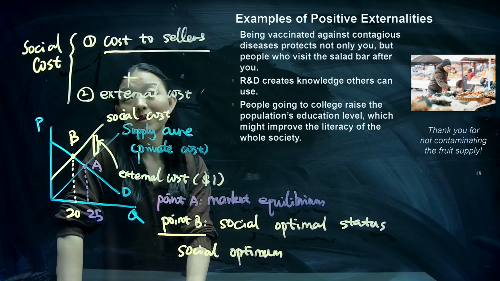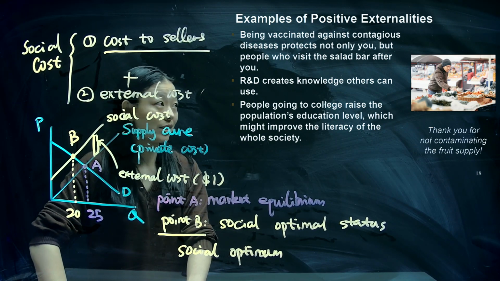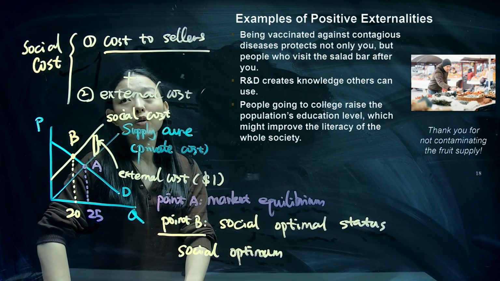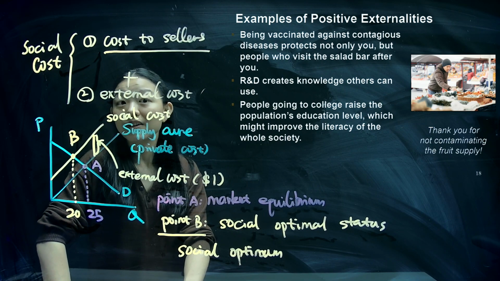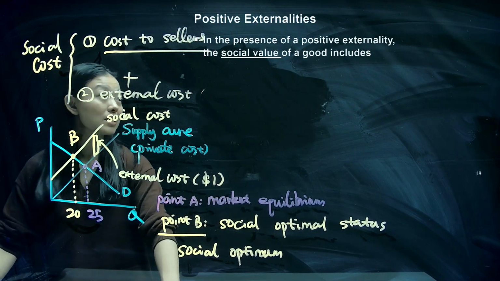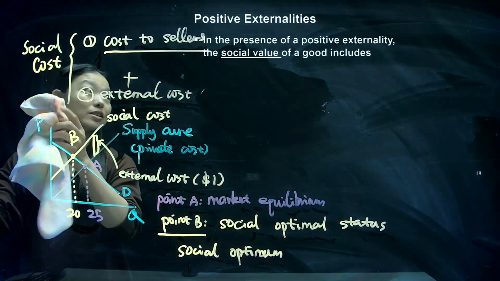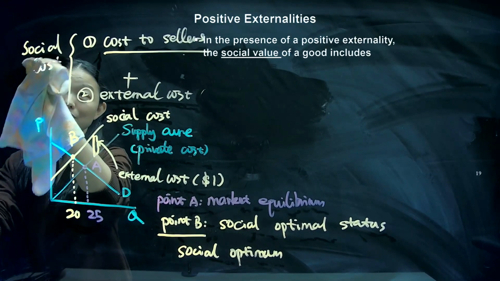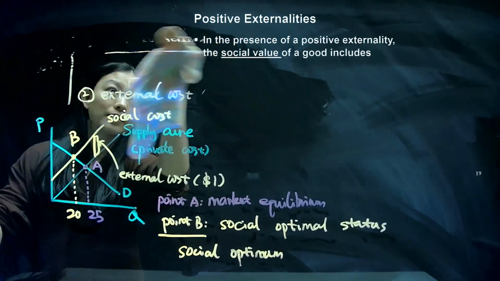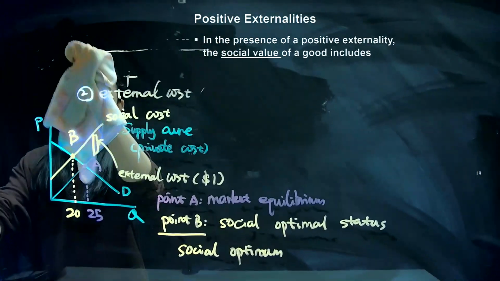In positive externality, we involve external benefit. So for positive externality, we consider social value, not social cost.